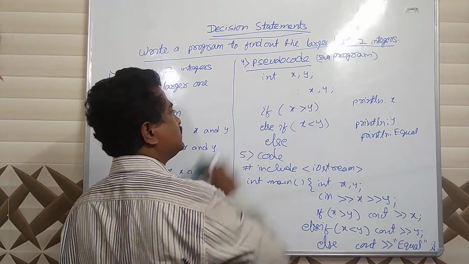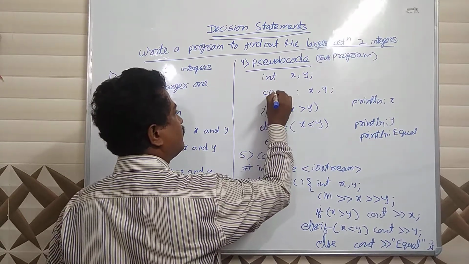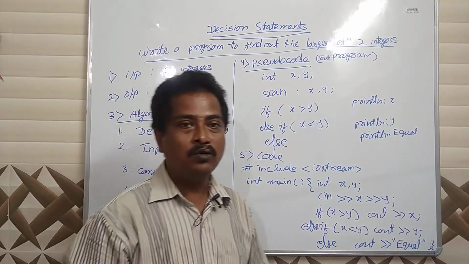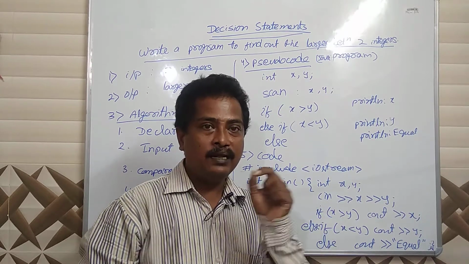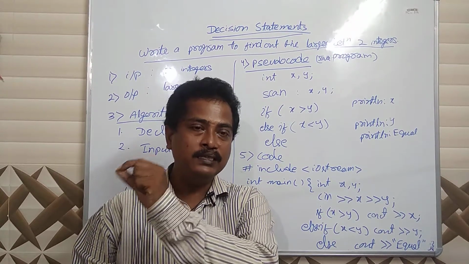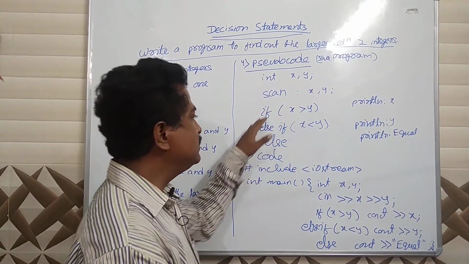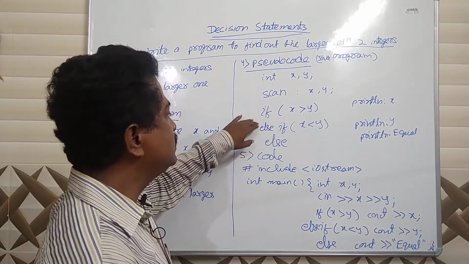Here in case of cin, it is scan. Remember in the last program we have done how to input an integer: Scanner sc = new Scanner(System.in). So this becomes your Java pseudocode.